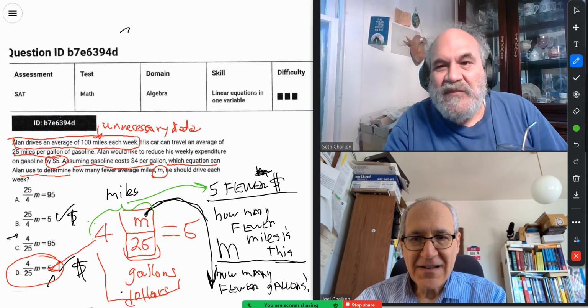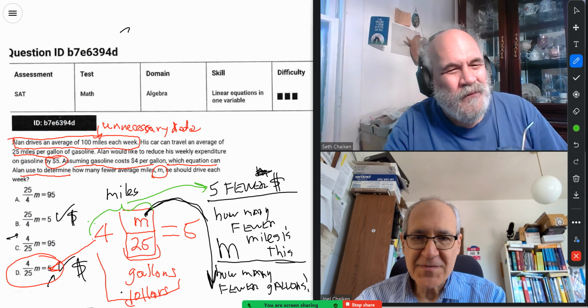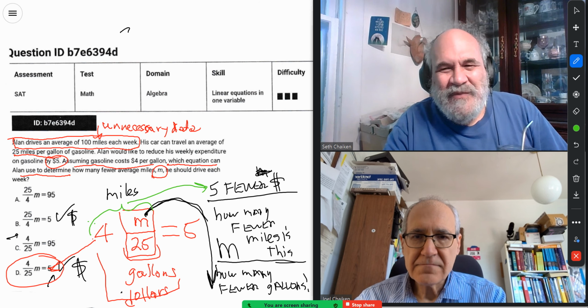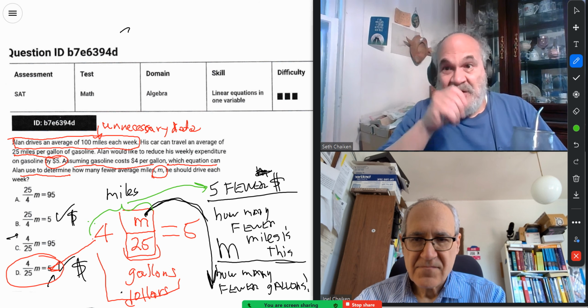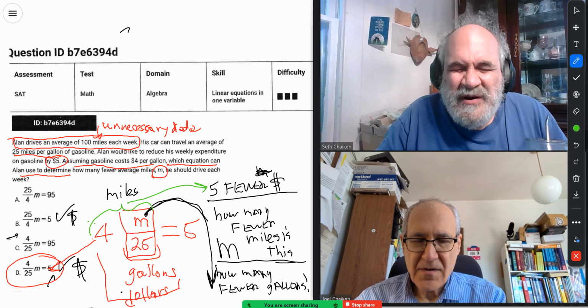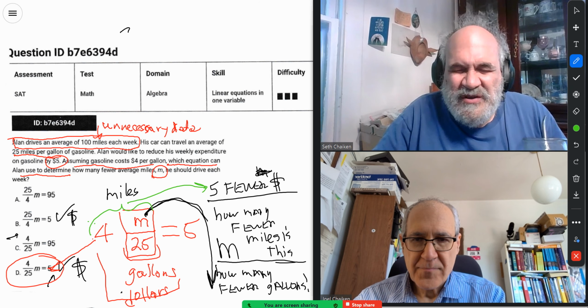It's certainly not the clearest word problem, especially the way it's worded. Yeah, it's not asking you to solve for M, figure out what M should be. It's a problem of figuring out an equation whose solution is M.